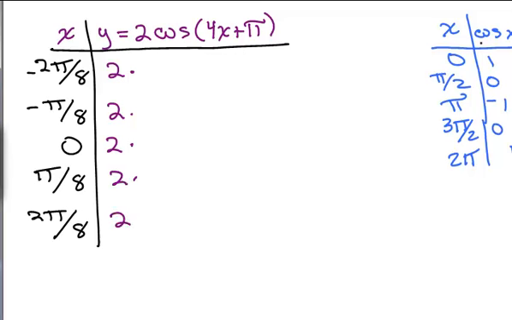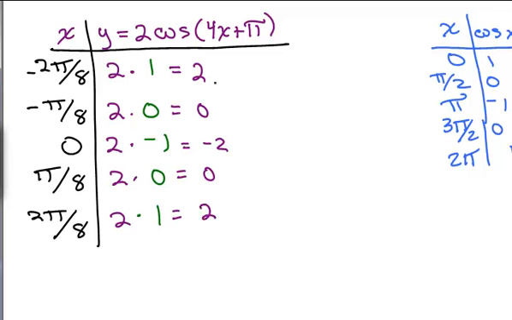And that's going to be 2 times those coordinates you see over there, which are 1, 0, negative 1, 0, 1, giving me these y coordinates. And now it's easy to see what the range is. It ranges between negative 2 and 2.